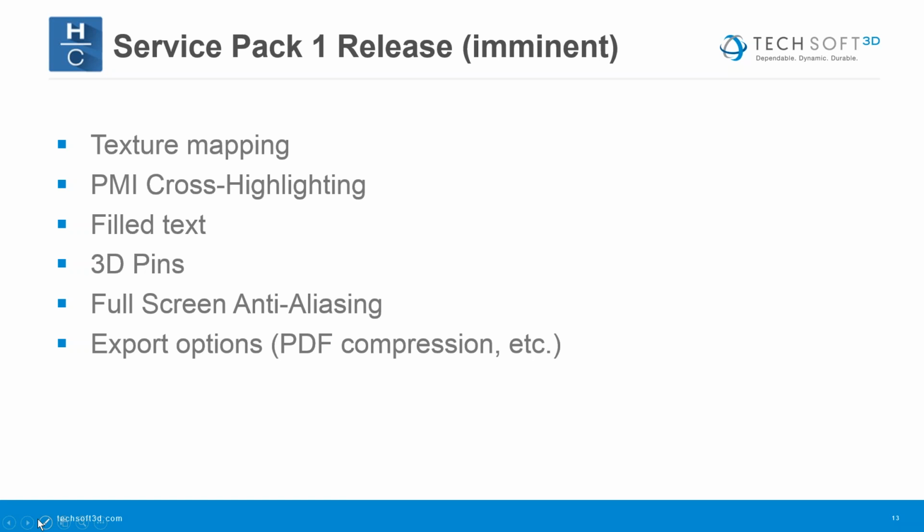So we're now going to have texture mapping in there, PMI cross-highlighting, the PMI text is now filled, and we support the 3D pins that we had in the old Communicator. Anti-aliasing is back, and the various export options that were missing from the initial release are also now supported. On top of that, there's a bunch of new features, improvements to the way we handle the shattered mode, and a lot of bug fixes. So that release is coming out very, very soon.